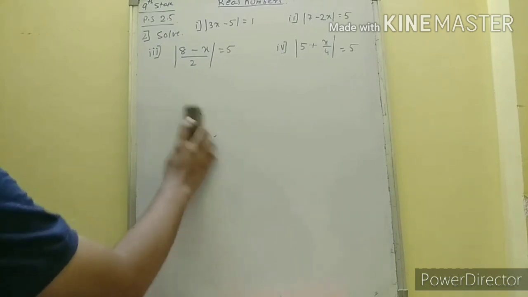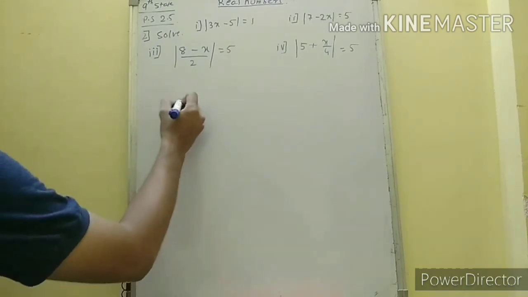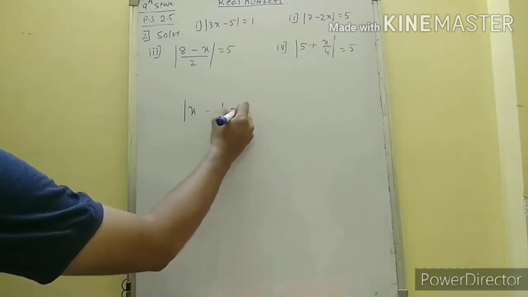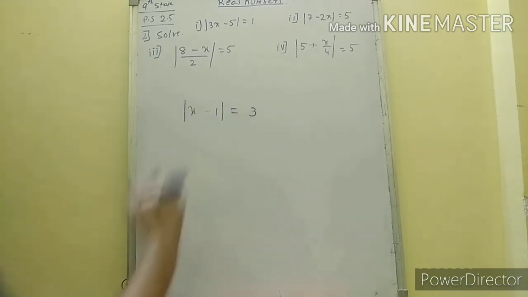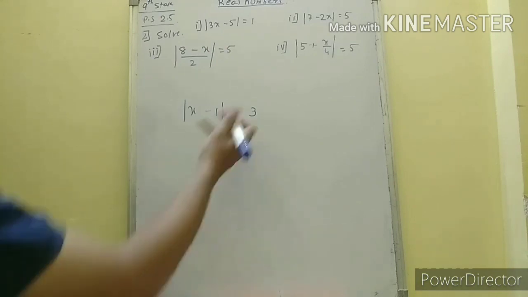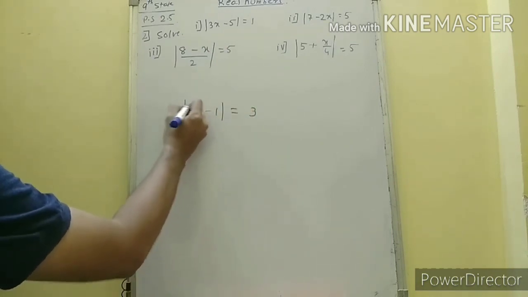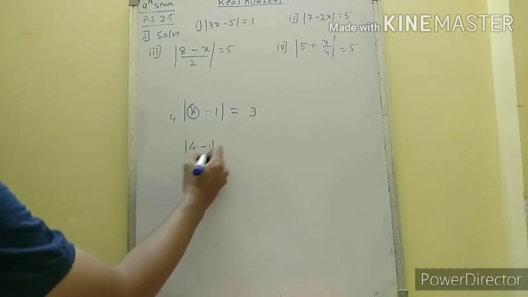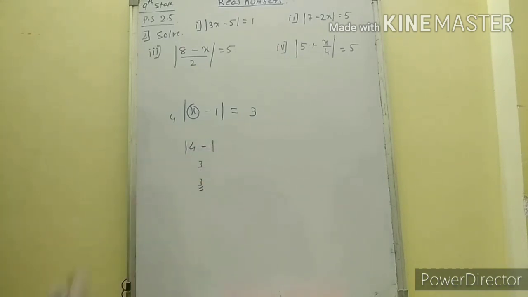See, pay attention. Suppose I have modulus of x minus 1, and the answer I am getting is 3. So it is possible that the value of x is 4, so that we will have 4 minus 1, which is 3, and the answer is also 3. But it is also possible that the value of x is minus 2.